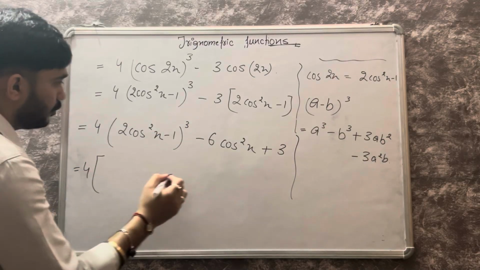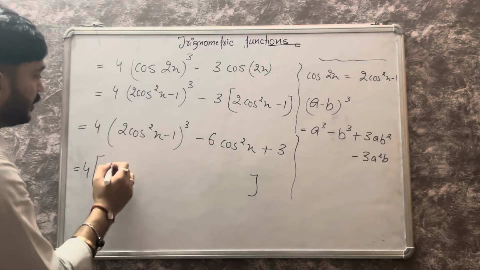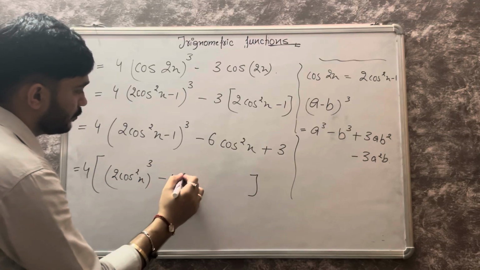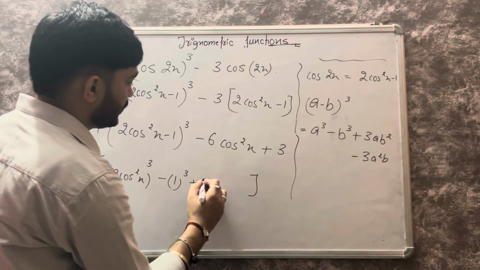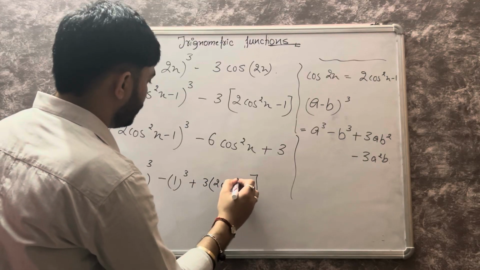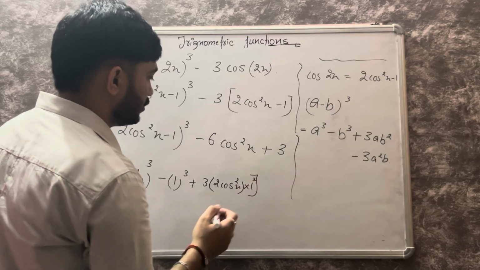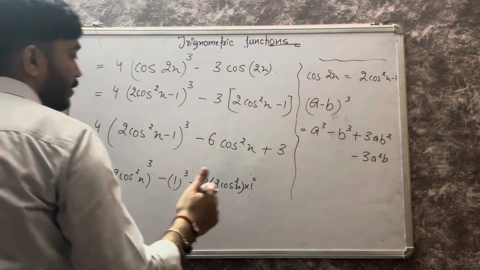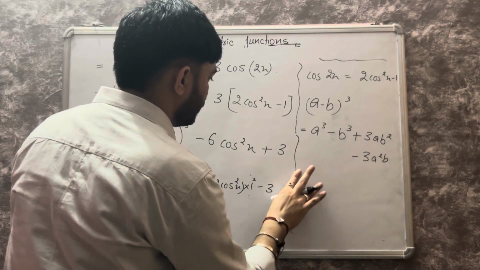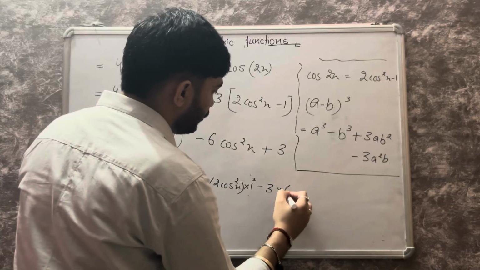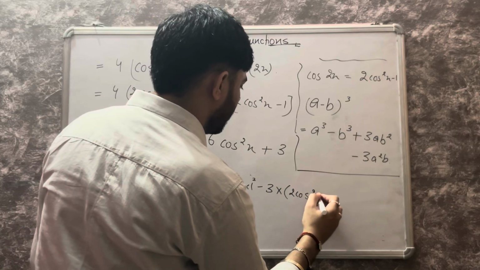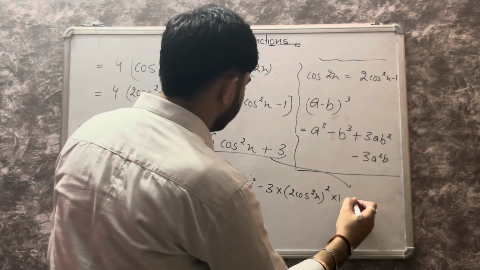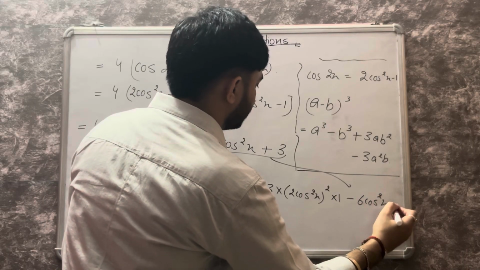Let us apply the formula. 4 into, a is 2 cos square x, whole cube minus 1's cube, plus 3 into a, which is 2 cos square x, into 1 square, and the last term will be minus 3 into a, which is 2 cos square x whole square, multiplied by 1, and this term will remain as it is, that is minus 6 cos square x plus 3.